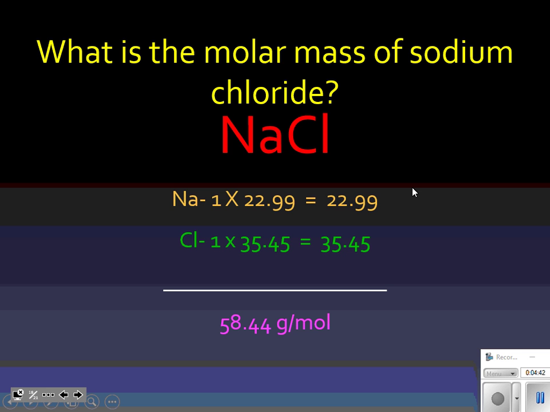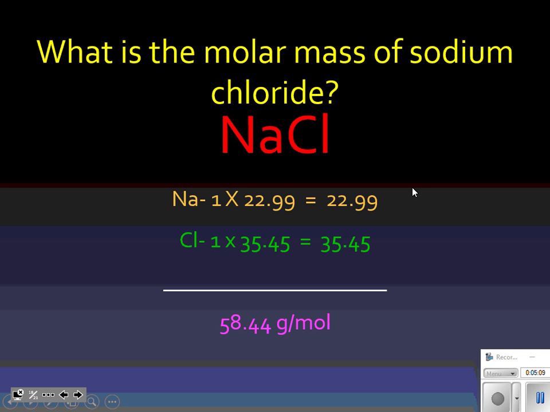Now, ladies and gentlemen, let's go back and think a little bit here. Let's say that we're not the best at writing formulas given a name. Let's say that when we started writing the formula for sodium chloride, we did it wrong.